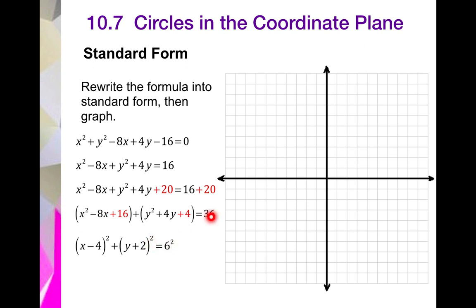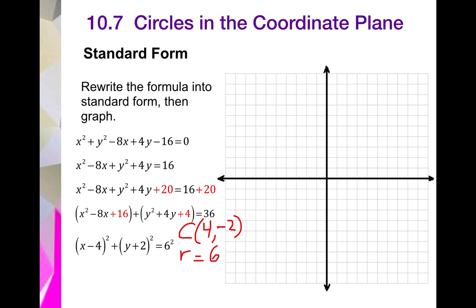And this turns into 36, or 6 squared. Once I have that, then I can figure out my center. My center is going to be (4, -2), and my radius is going to be 6.